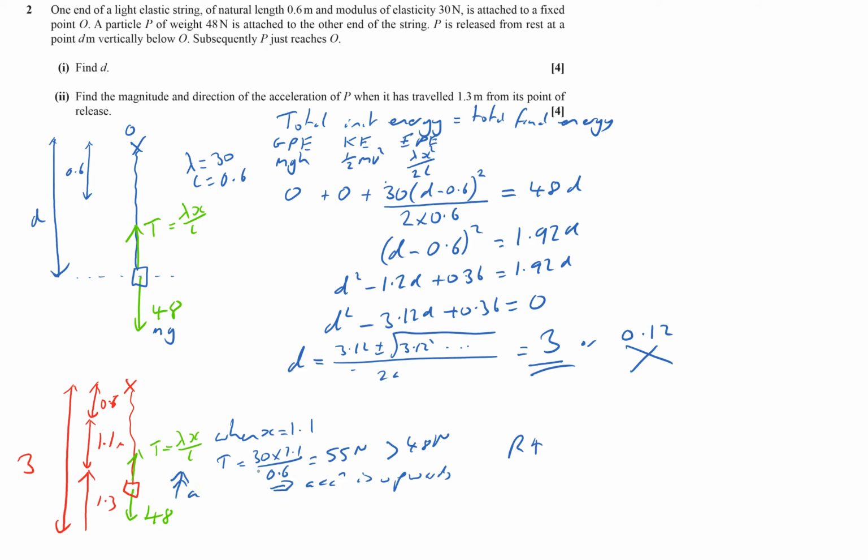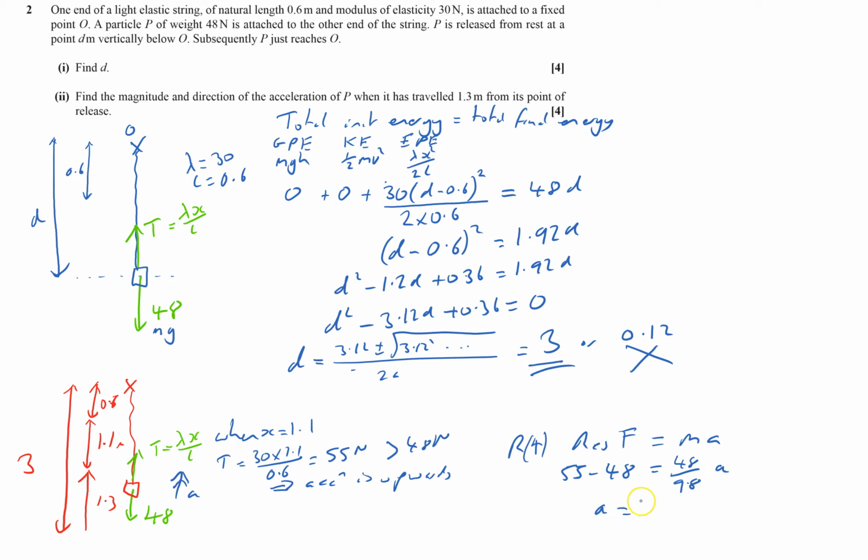I could have done this result anyhow and just worked it out, but there's nothing wrong with doing it like this. Resultant force is mass times acceleration. So what force we've got going upwards? We've got 55 minus the 48 equals the mass, that's mg. So the mass, mg is 48, so mass equals 48 over 9.8 times the acceleration.